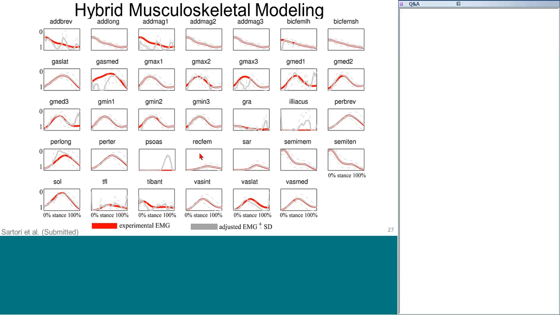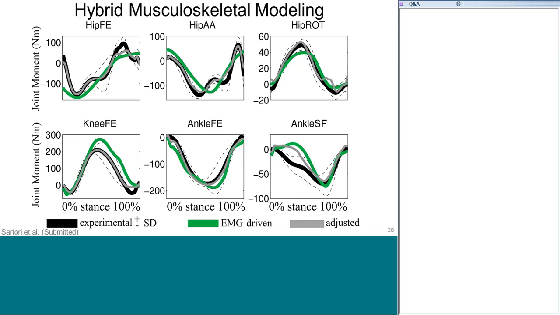And for some muscles, we had a substantial level of adjustment. And on top of that, we were able to estimate the activity of deeply located muscles like the psoas and the iliacus, for which we didn't have experimental EMGs to begin with. And the idea is that using this minimally adjusted linear envelope, we can much better improve the predictions of joint moments about 6 degrees of freedom.